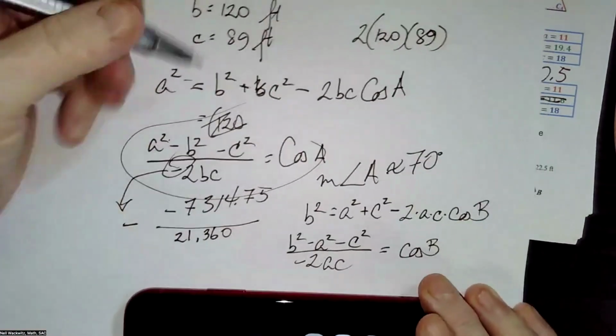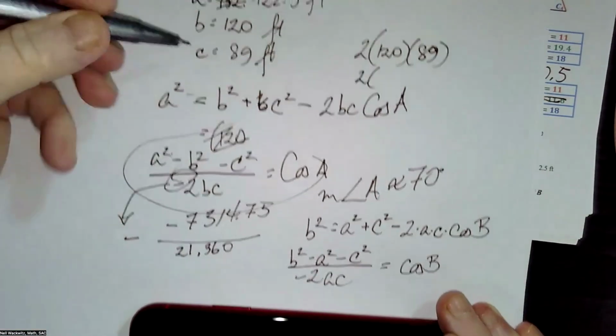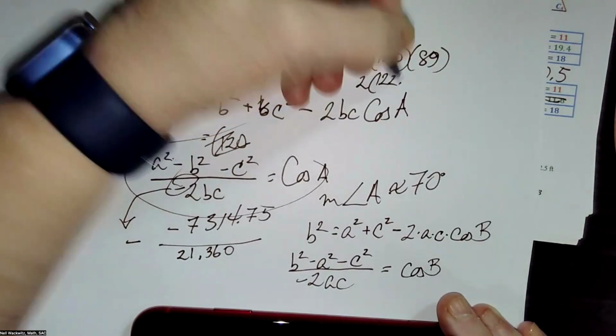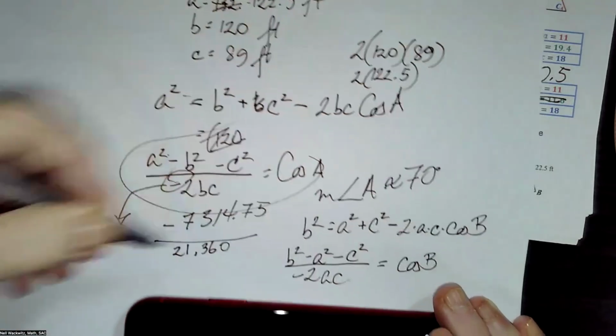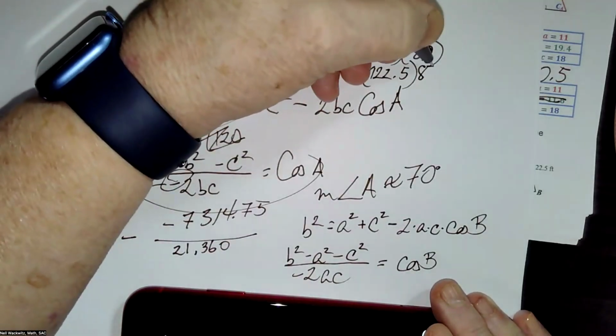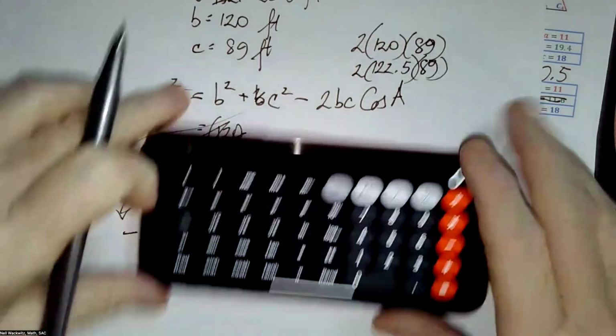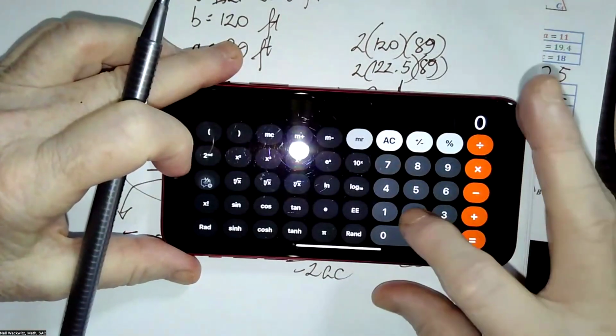Let's see. A is 122.5. C is 89. What do we get?